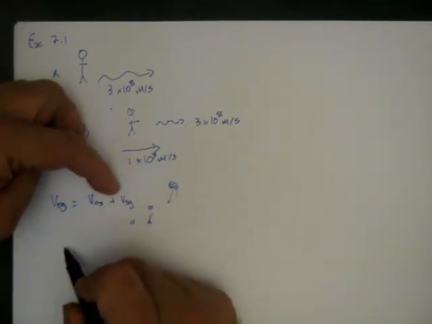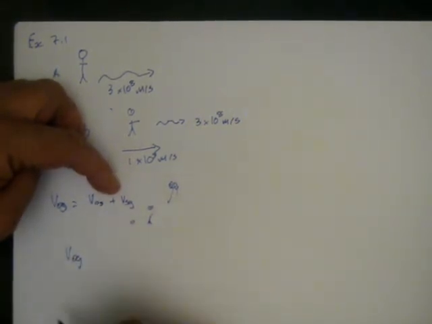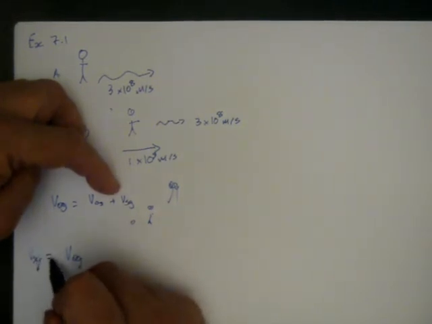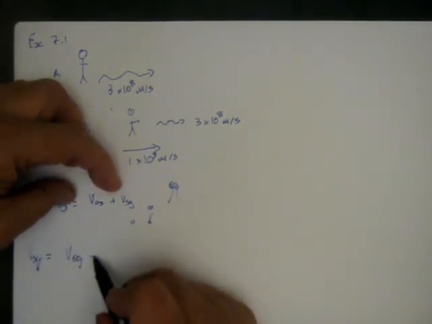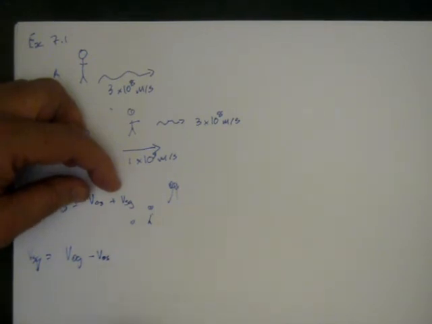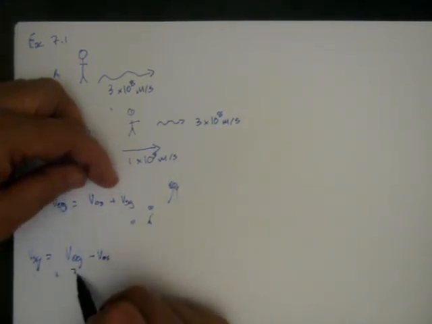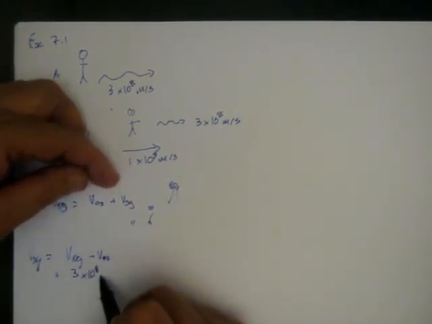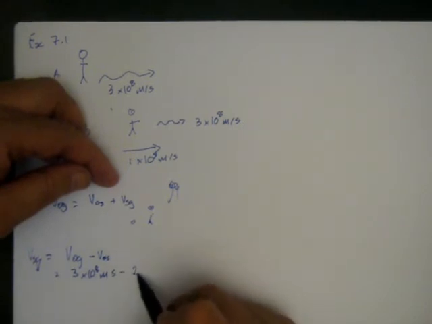I can rearrange this, so the speed of light to me in the van is equal to the velocity relative to the ground minus the velocity of the van. That's equal to 3 times 10 to the 8 meters per second minus 1 times 10 to the 8 meters per second.